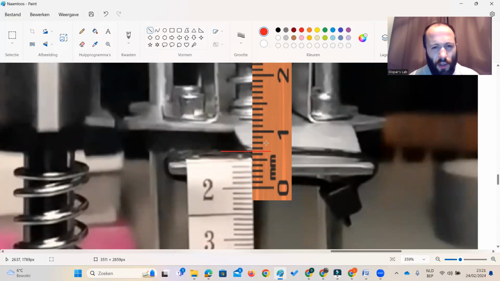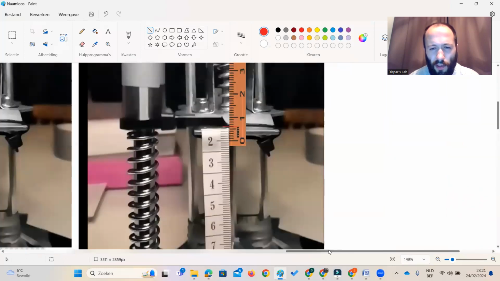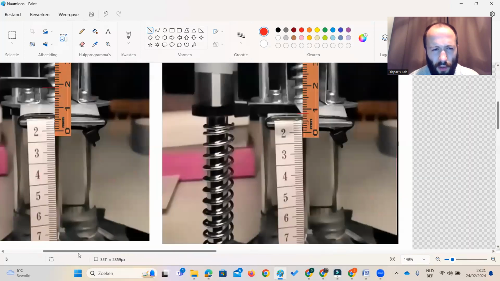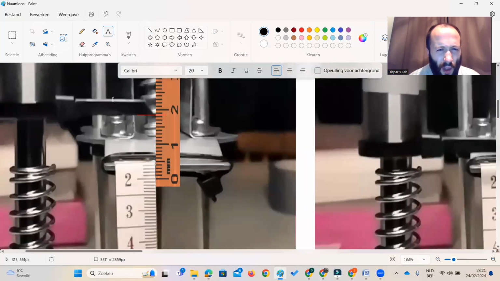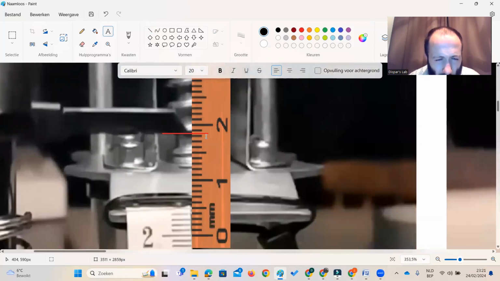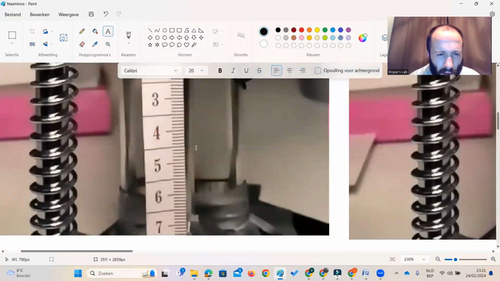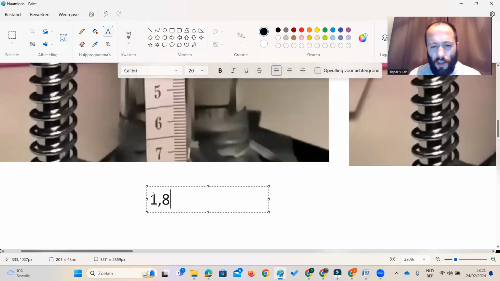Yep. All right, so now let's take a look at the amount of displacement. First, the 4 mass. So it seems to be 1.85.